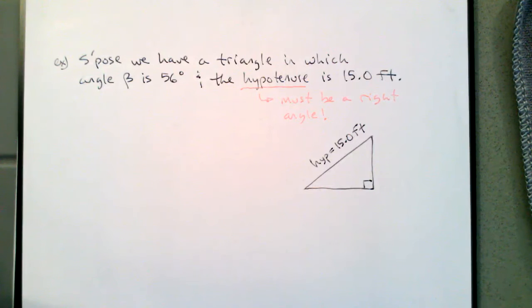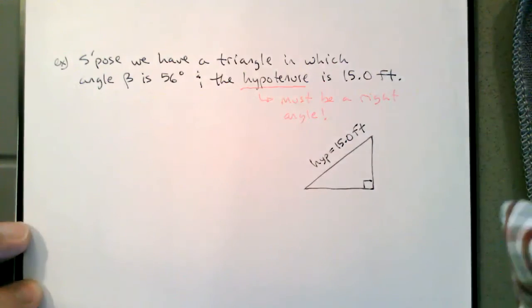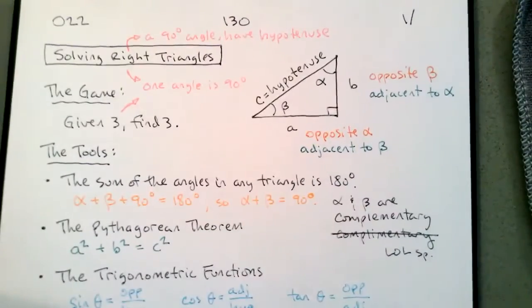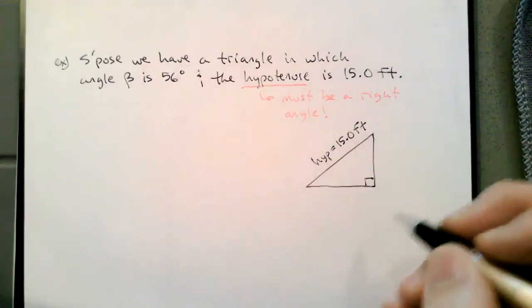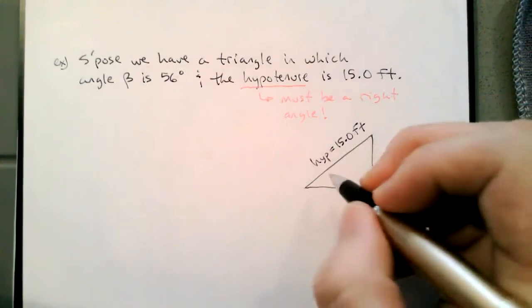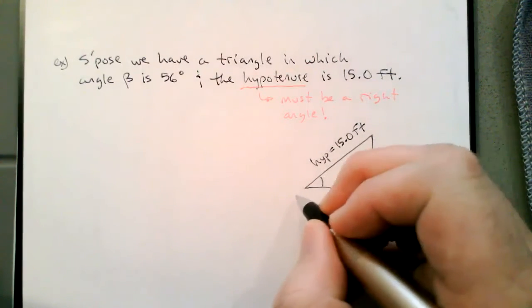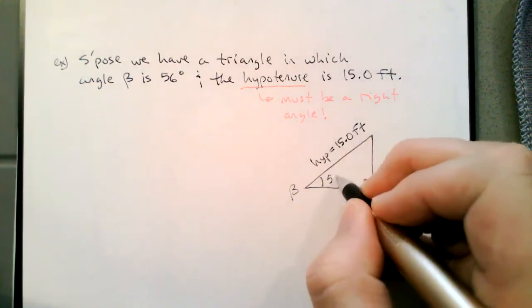Now, I need to assign the angle beta, and it can be wherever I want. I'm going to follow the convention that I used up here, and beta is going to be the lower angle. We could put beta at 56 degrees up here if we wanted, but I'm just going to say here beta is 56 degrees.